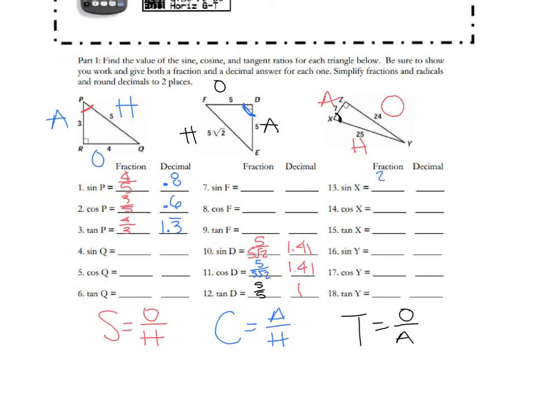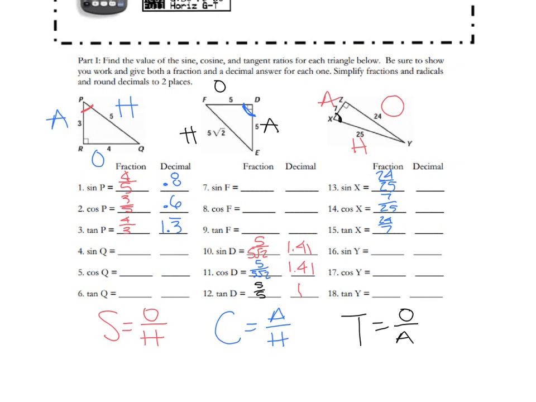Sine is opposite, 24 over hypotenuse, 25. Cosine is adjacent, 7 over hypotenuse, which is 25. And the tangent is opposite, 24 over adjacent, which is 7.